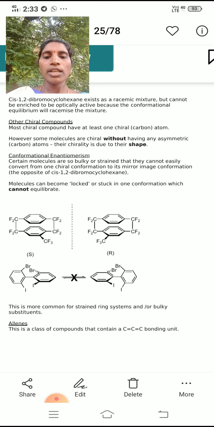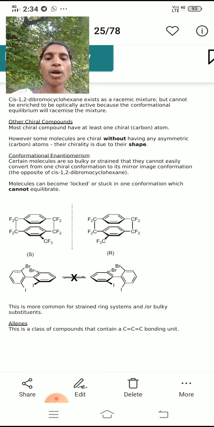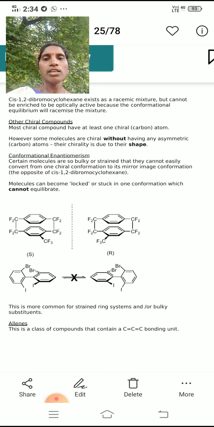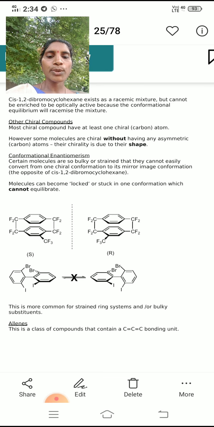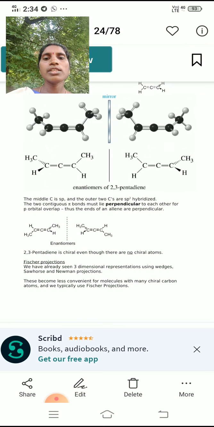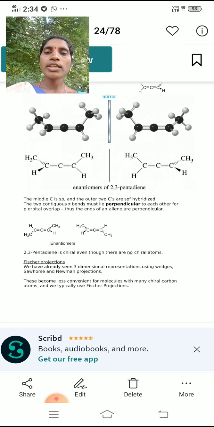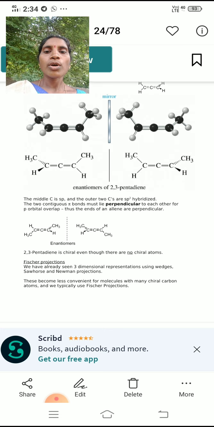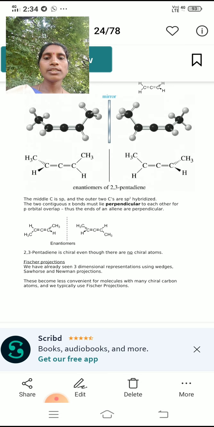Allenes are a class of compounds that contain a C=C=C bonding unit. This is an allene molecule structure. In allene, the C=C=C unit is present.